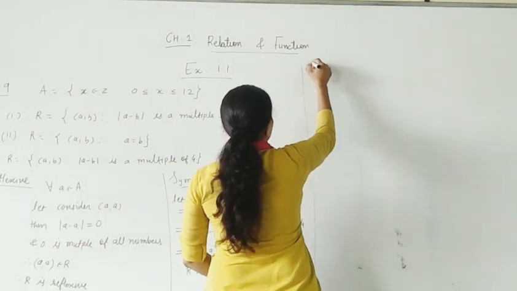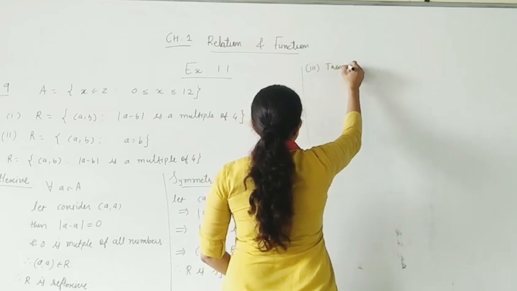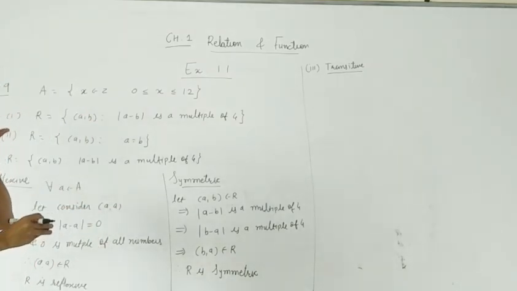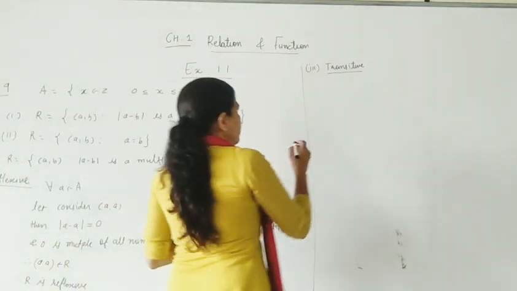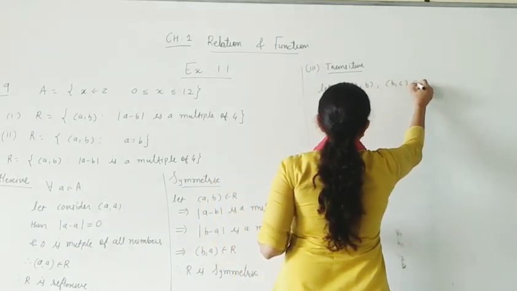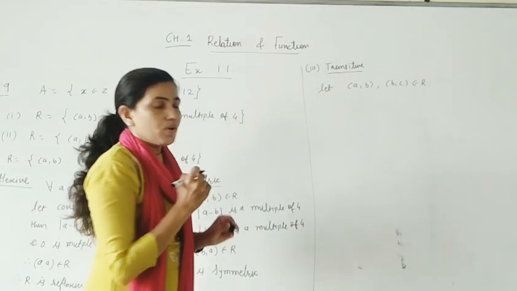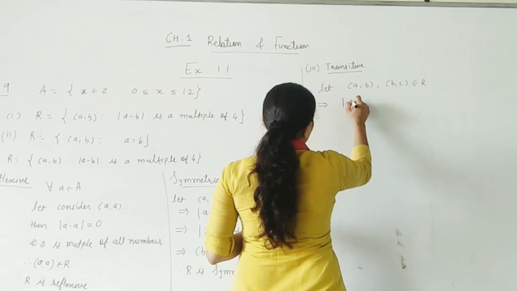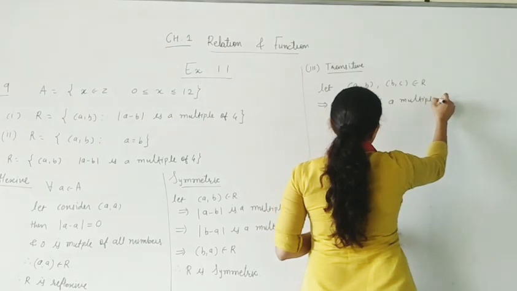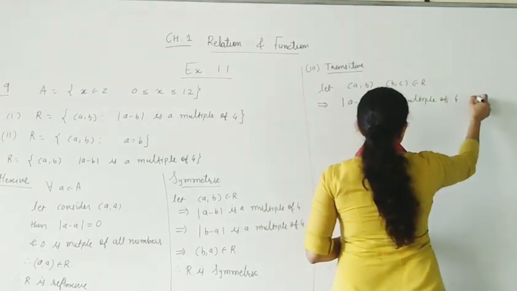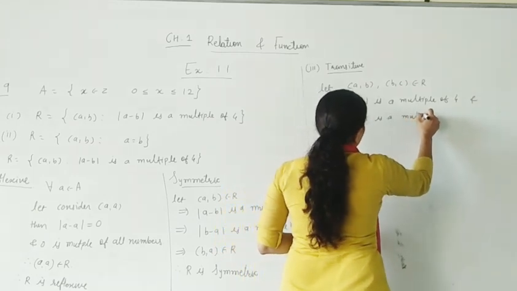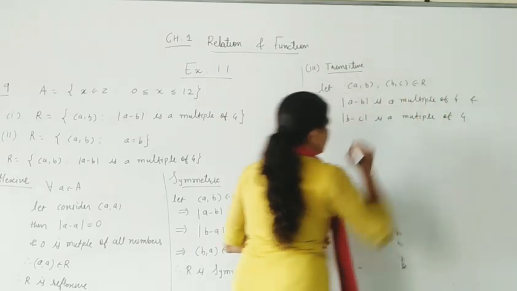Now let me see the third portion, that is transitivity. Let (a, b) and (b, c) belong to R. That means modulus of a minus b is a multiple of 4 and b minus c is a multiple of 4.